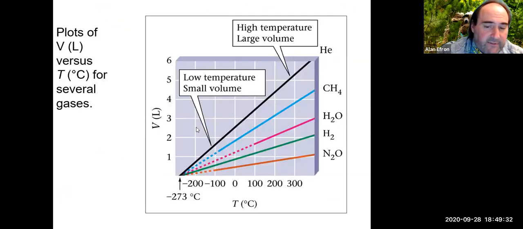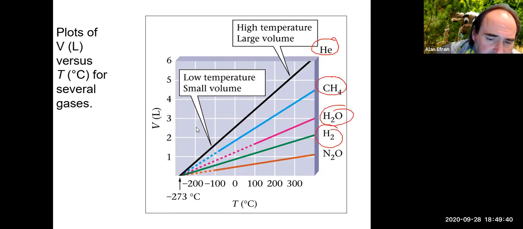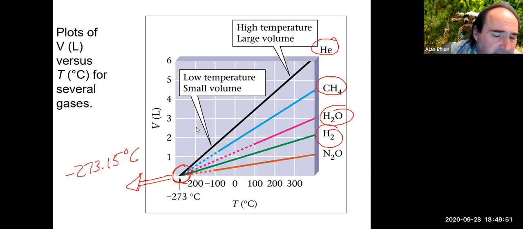Actually, let's take a look first at this graph. This is a graph of volume versus temperature for a bunch of different gases. And if you take all these lines and you take them all back to the temperature line, they all hit the exact same spot, which is minus 273.15 degrees Celsius. Kelvin realized that and called that absolute zero, because if we convert this into Kelvin, plus 273.15 gives us 0 Kelvin, which is absolute zero.